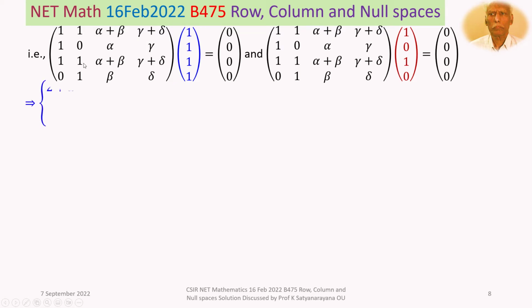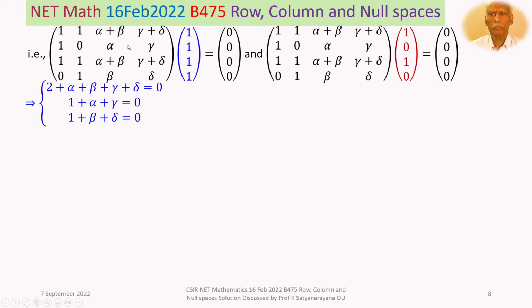If you multiply, you will get 1 times the first column plus 1 times the second column plus 1 times the third column plus 1 times the fourth column. So the first row gives 1 plus 1 plus alpha plus beta plus gamma plus delta, that is 2 plus alpha plus beta plus gamma plus delta is equal to 0.